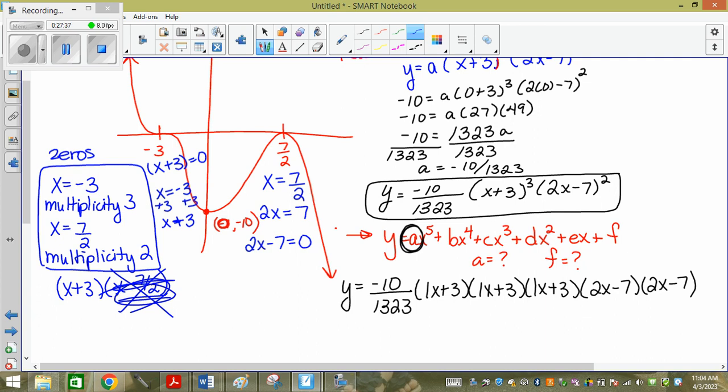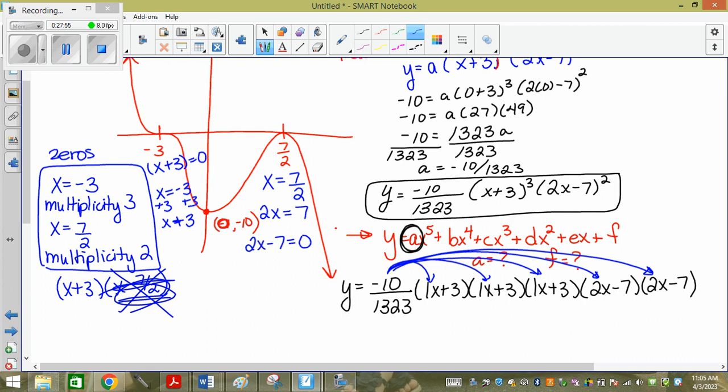It's going to be this times 1x times 1x times 1x times 2x times 2x. What if you wrote it as x minus 7 halves? You don't have the 2's. Your a is wrong. Okay?